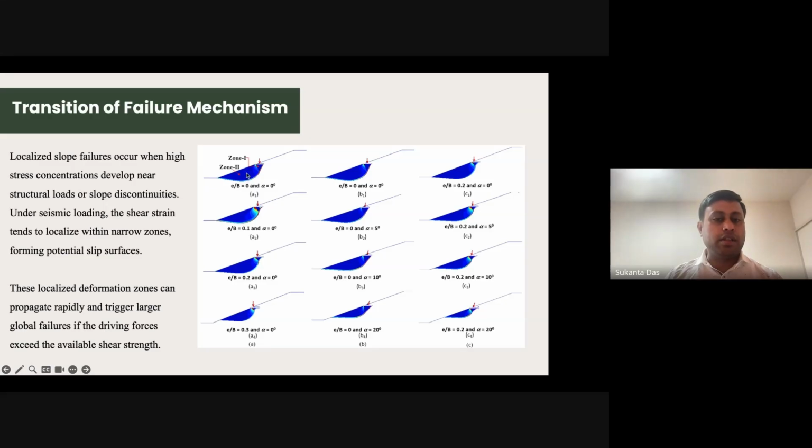Only the eccentricity is changing, like 0.1, 0.2, 0.3. This is the ratio of eccentricity of the footing divided by footing width. You can see that at 0.3 there is a significant reduction of the reactions or soil mass participation.